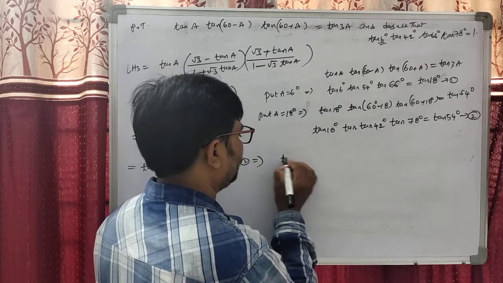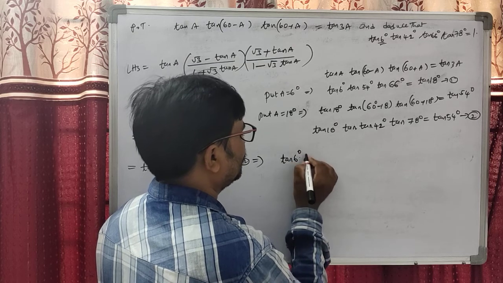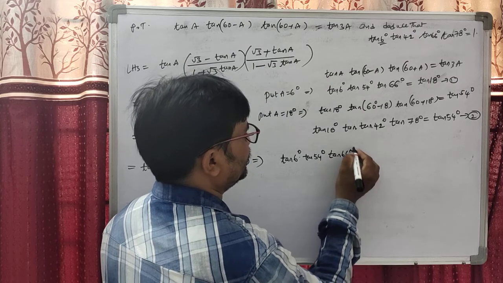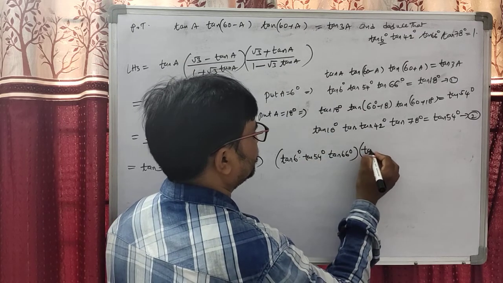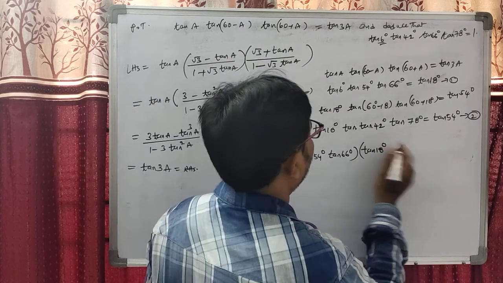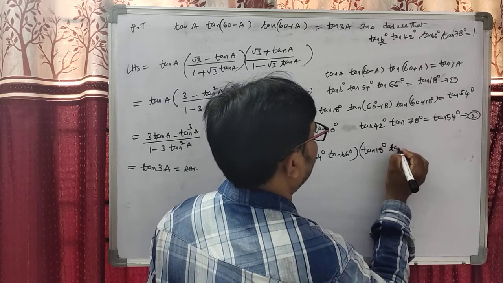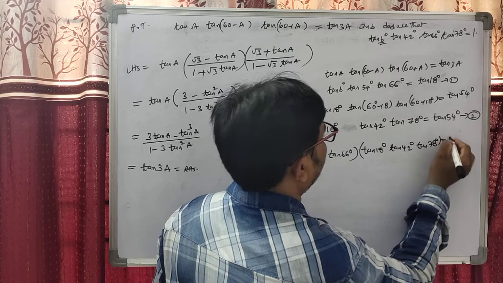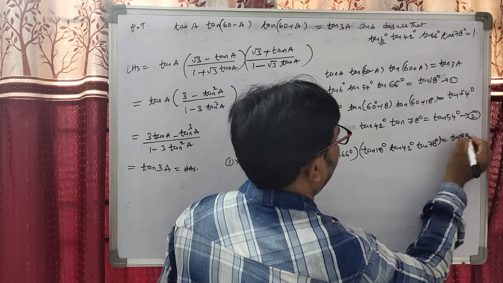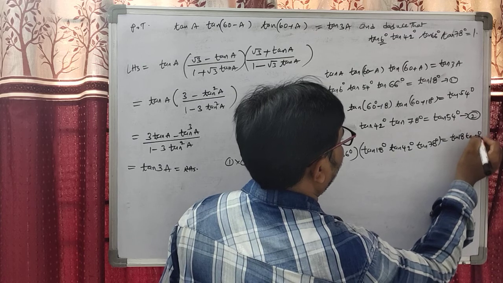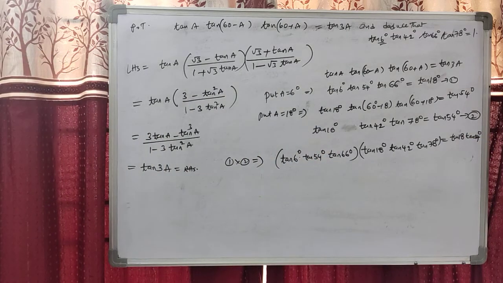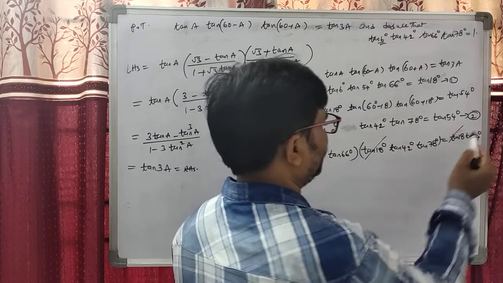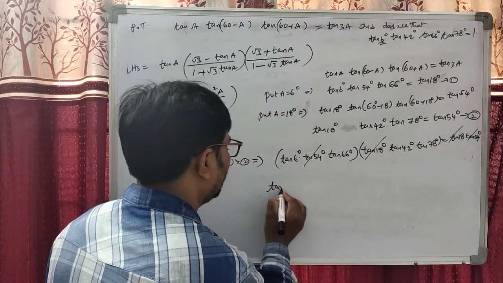The left hand side is tan 6, tan 54, tan 66, tan 18, tan 18, tan 42, tan 78. The right hand side is tan 18, tan 54. Now students, tan 18 cancels on both sides and tan 54 also cancels. What remains?